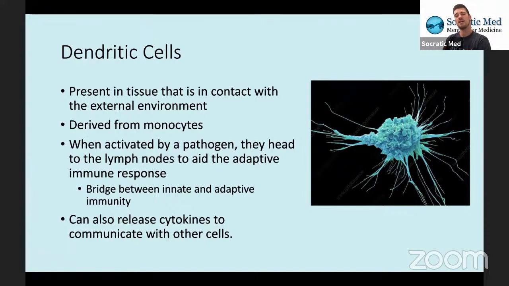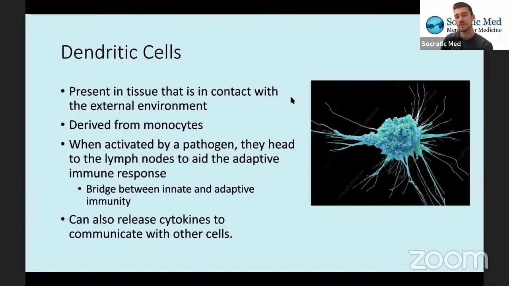So they're sort of like the lookout. I don't think dendritic cells have too much activity destroying pathogens themselves, but they're the lookout. So they head to that lymph node, and in the adaptive immune system, there are usually T cells or B cells there that will initiate an adaptive response. So that's why we really consider dendritic cells to be the bridge between innate and adaptive immunity. And dendritic cells can also release cytokines to communicate with other cells as well.